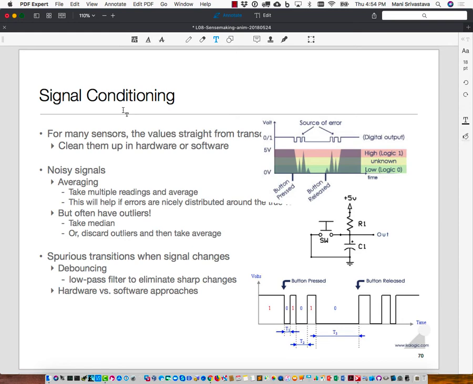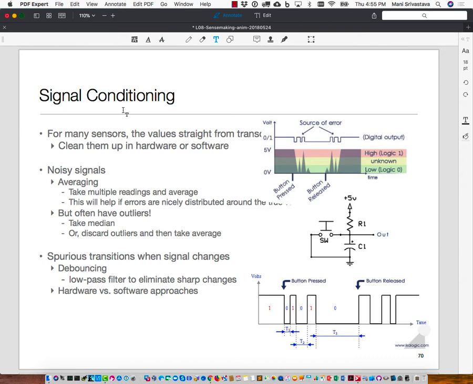And likewise, when you release it, it again makes contact, removes contact, makes contact. So if you actually look at the signal, it might look something like out here. That is, instead of a clean transition from 1 to 0 when the button was pressed, what we see is it went to 0, came back to 1, went to 0, a few times before settling at 0.